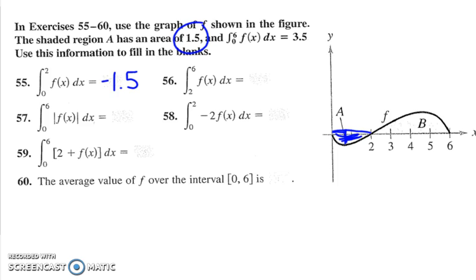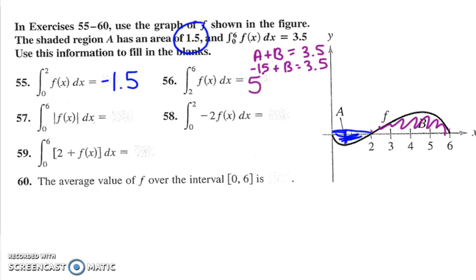Well, we know the integral from 2 until 6 is the same thing as b, and we know that a plus b is equal to 3.5. We just determined that our area A was negative 1.5, which means that our area B from 2 until 6, we're going to add that 1.5 to the other side, and be equal to 5.